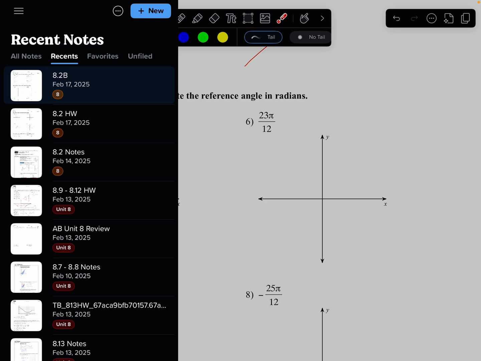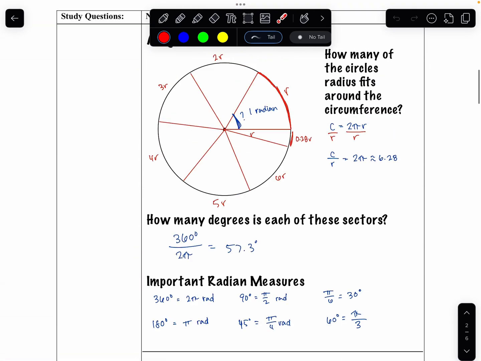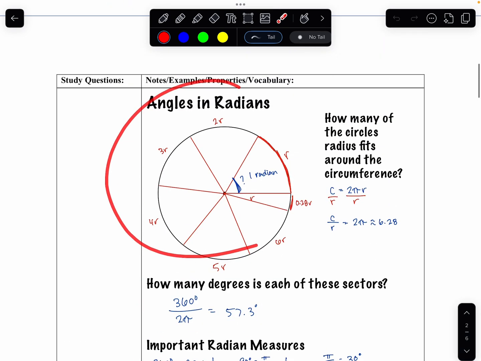Hopefully you were in class. It's very helpful for this if you were present for this lesson, because we went over like 30 minutes of what radians are. It's not a long time, but it takes a little bit to explain, and maybe a little bit longer to understand.